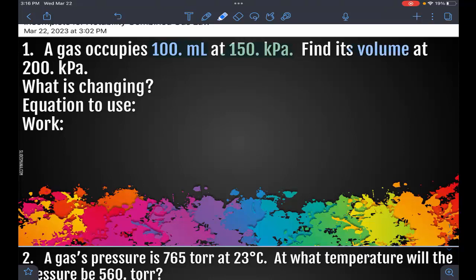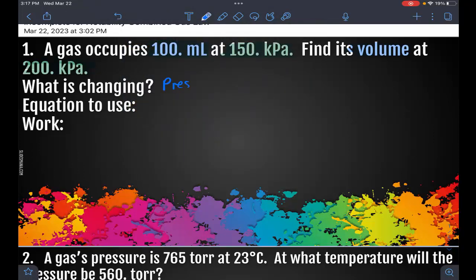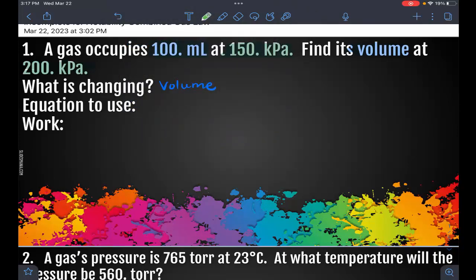Find its volume at 200 kPa, that's a pressure. So what is changing here? The blue thing that I highlighted was volume. So volume is changing. And then the other thing that's changing, I highlighted in green, is pressure.